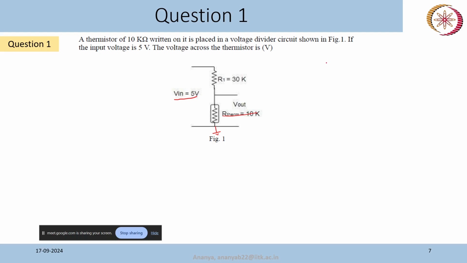There are a few options. Option A is 1 volt, option B is 1.25 volt, option C is 1.5 volt, option D is 2 volt. So what is the correct answer?